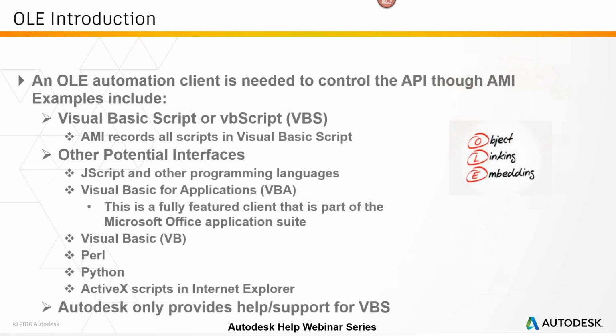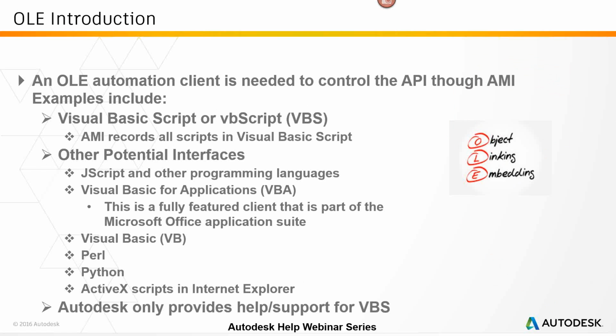OLE is what we utilize for this particular API, and it's really this automation client, or object linking and embedding. It's needed to control the API. By default, Insight will use Visual Basic Scripting, or VB script, to record all the scripts inside of the software.